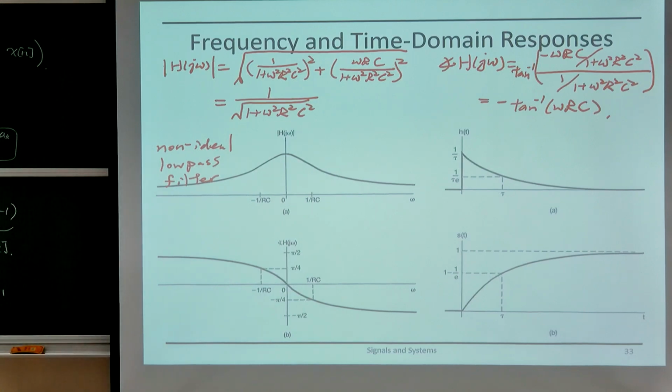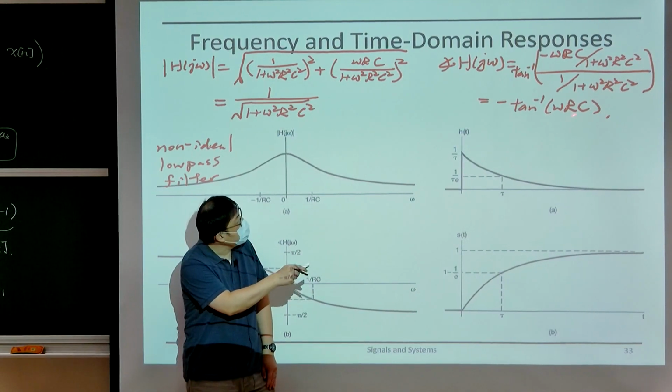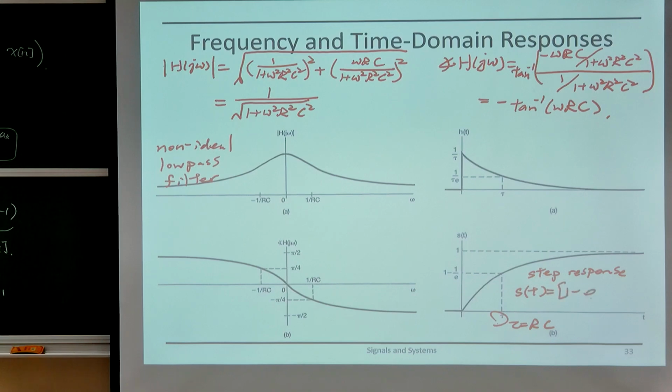The tau here is actually the constant R times C. On the right here, we have the step response, where you get S of t equal to 1 minus e to the minus t over RC times u of t.